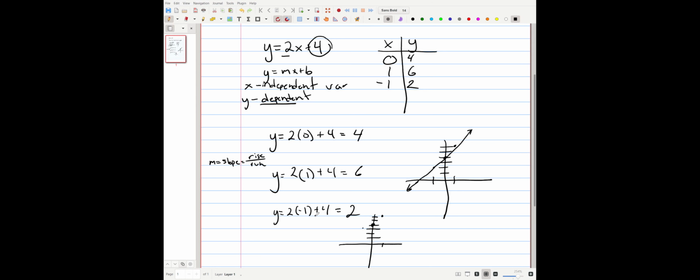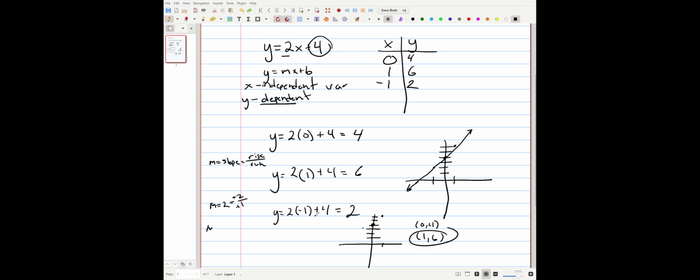And so you can see that if we start at the point 0, 4, this means add 1 to x, because if our m is equal to 2, which tells us that the rise over run is equal to 2 over 1, that means we're going to be adding 2 to y and adding 1 to x. So if we add 2 to y, we'll get to 6, and add 1 to x, we'll get to 1. And so you can see that this ordered pair is actually right here.